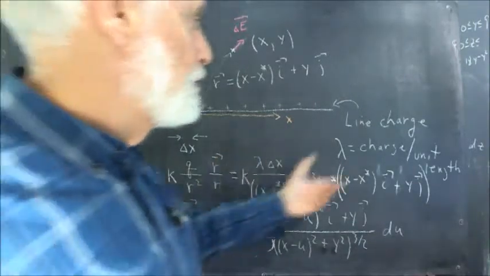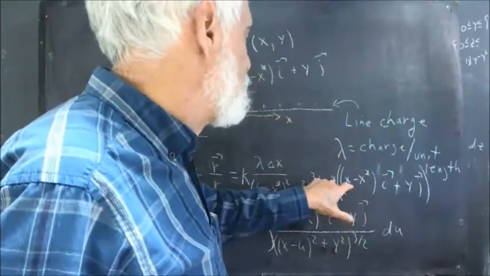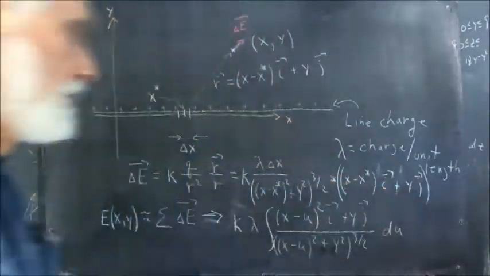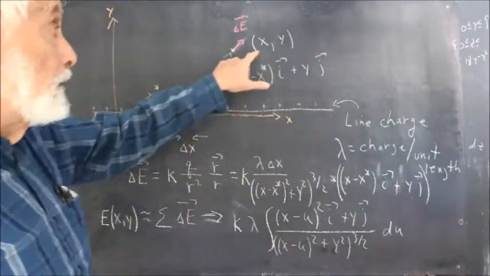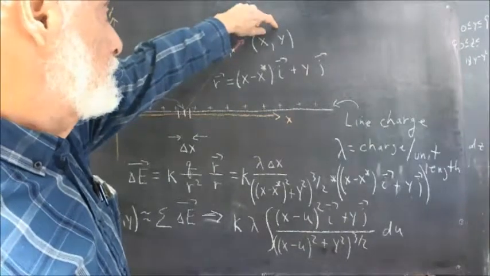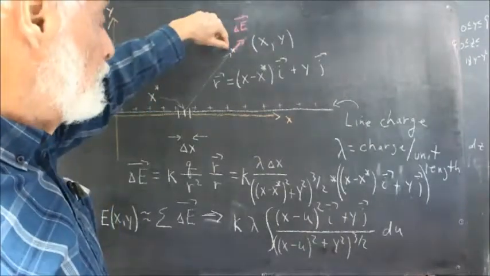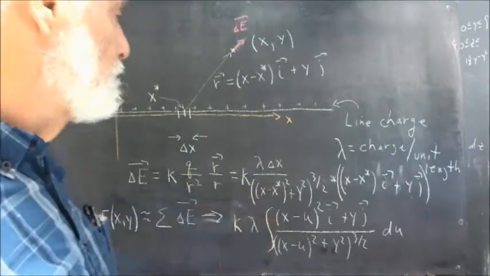Now we have x's and x stars. We want to leave x and y as symbols. We don't want to integrate those out because x, y is the coordinate expression of the location of this point. The x star is what we're going to integrate.